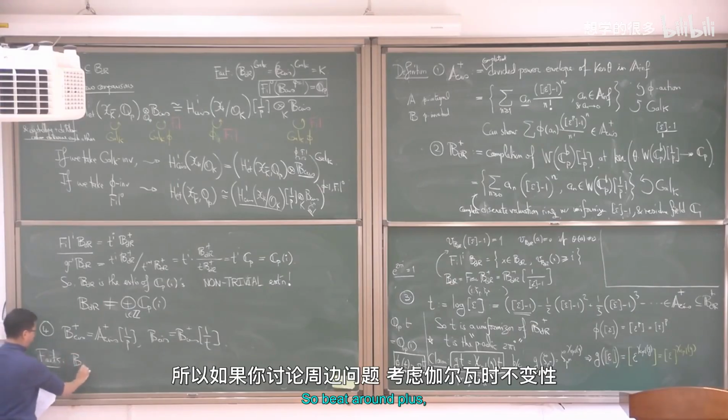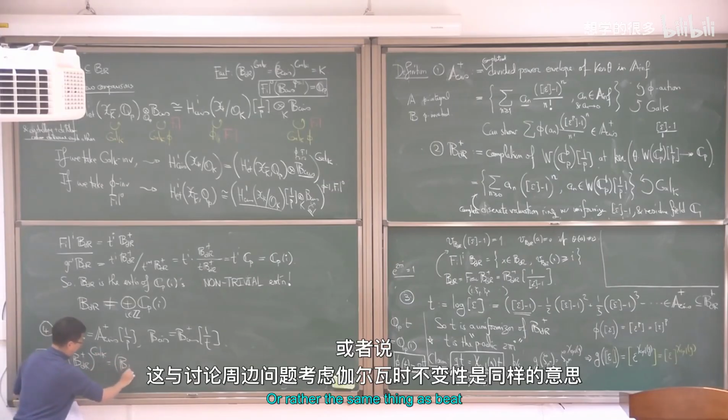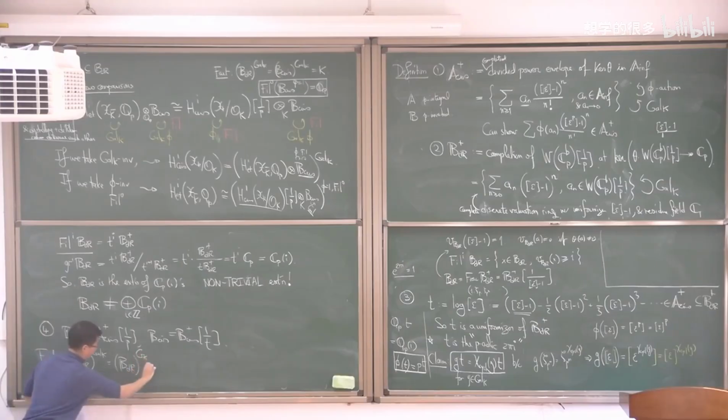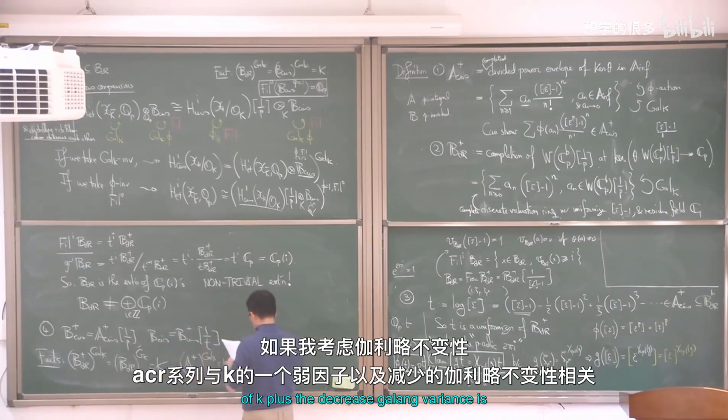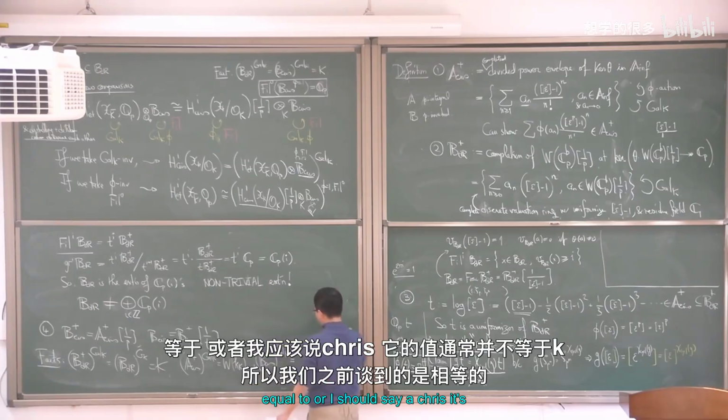B dR plus, if you take the Galois invariants, or rather the same thing as B dR taking Galois invariants, that's equal to K. And the A crys plus, if I take Galois invariants, that's the Witt vector of K. And the B crys Galois invariants, or I should say, A crys plus Galois invariants, it doesn't equal O_K in general.